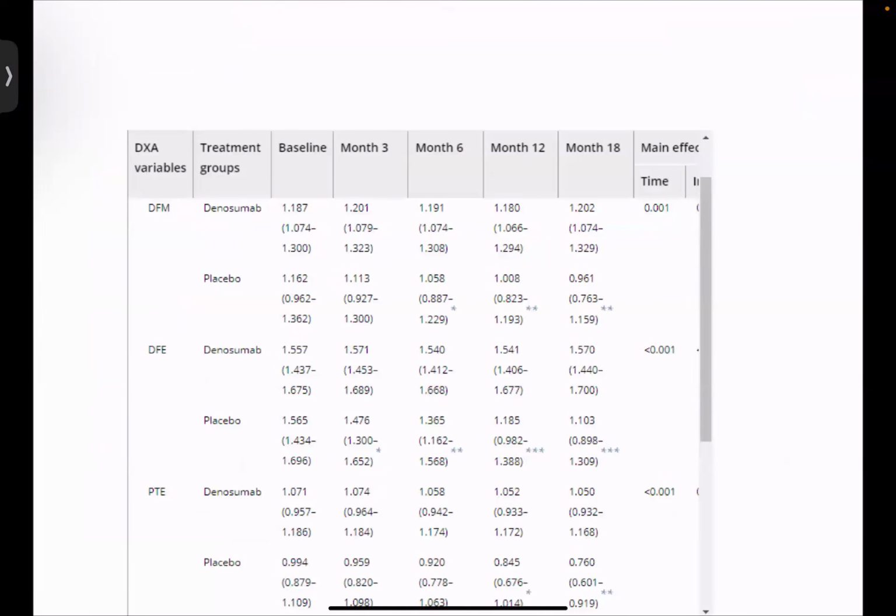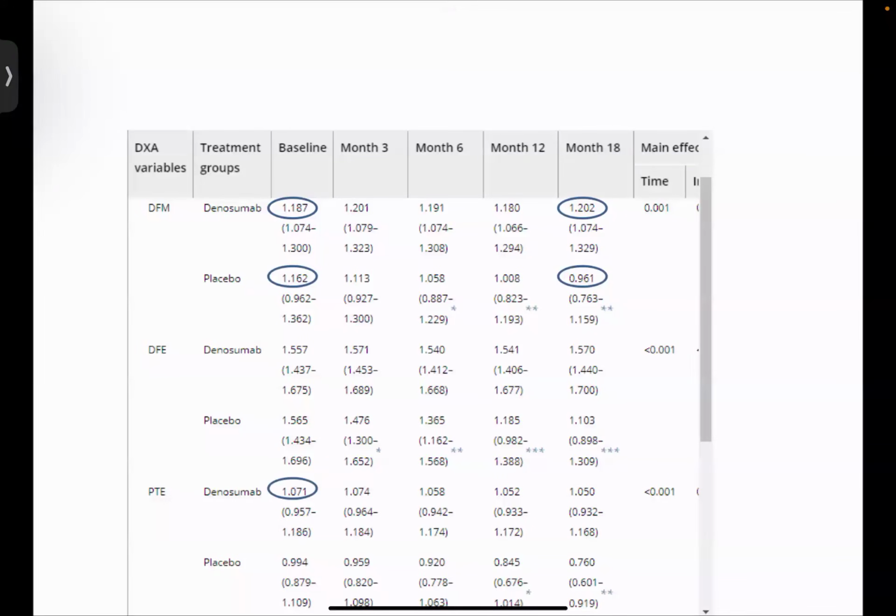So here's the result. At the distal femoral metaphysis in the denosumab group, the baseline DEXA is 1.187, which became 1.202. We can say that it is maintained even after 1.5 years post spinal cord injury. And for the placebo, the DEXA value was 1.16, which reduced to 0.961 at 18 months.